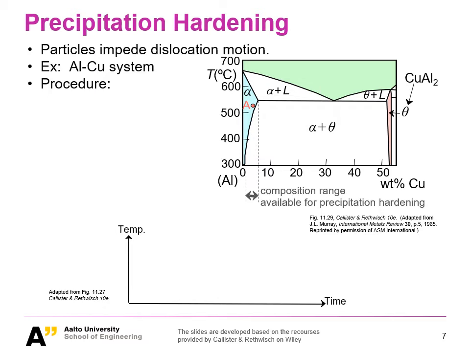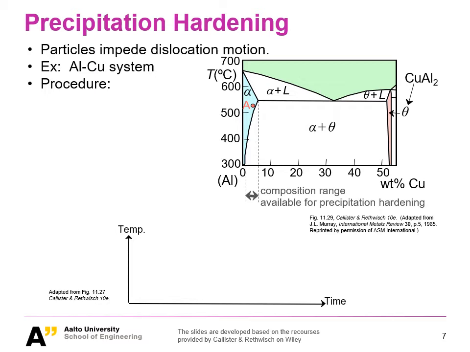So this is just some very basic introduction about this process. As we already explained, the purpose is to create precipitates. Precipitates is a name you can just imagine as very small particles.